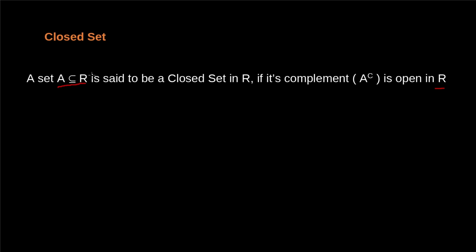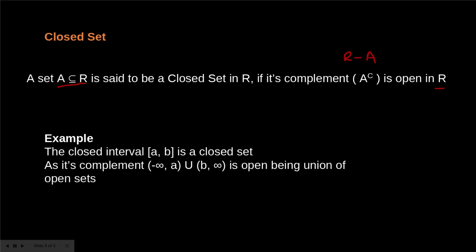The set A will be closed in R if its complement, that is R minus A, is open in R. So for a set to be closed, its complement must be open. That's the idea.